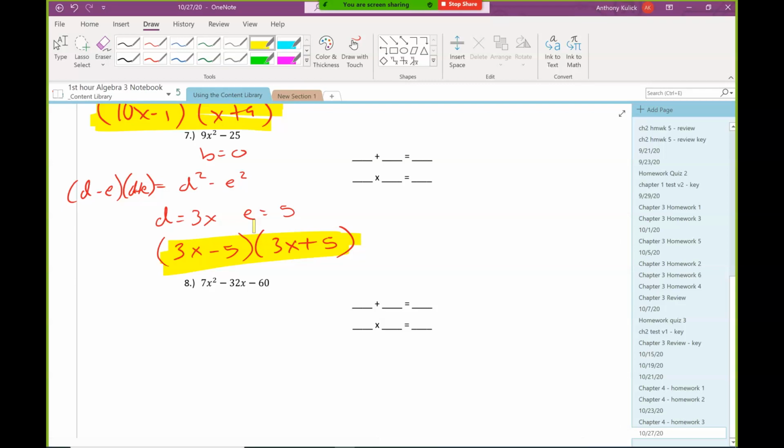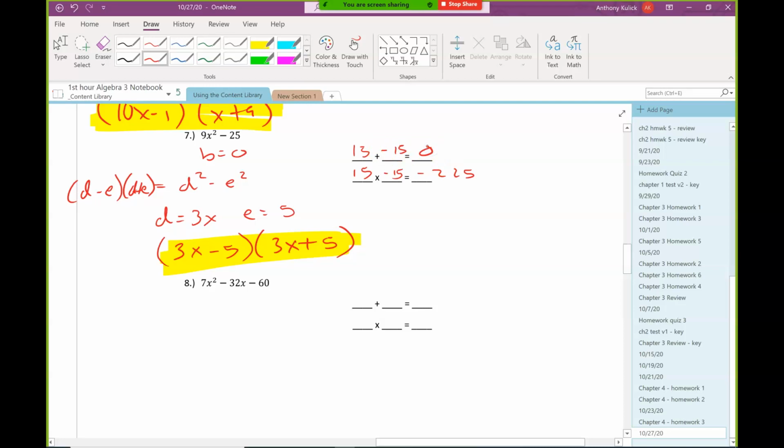Now, if you didn't notice that, could you have still done this by factoring by grouping? Absolutely. You would have multiplied to give us 9 times, I think that's negative 175. No, I'm sorry, that's 25. And it adds to give us 0.